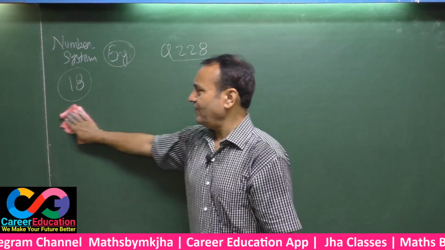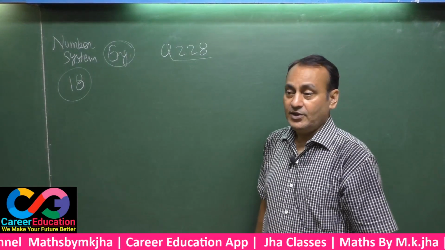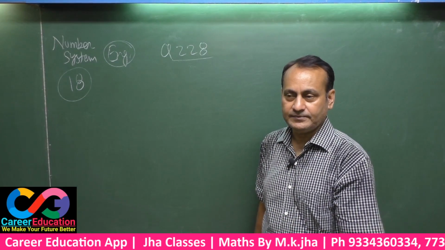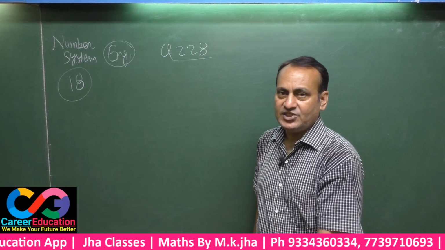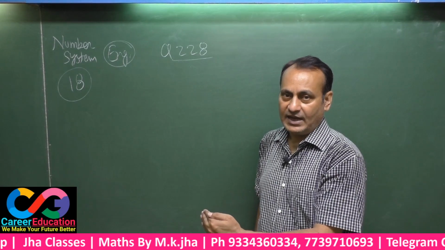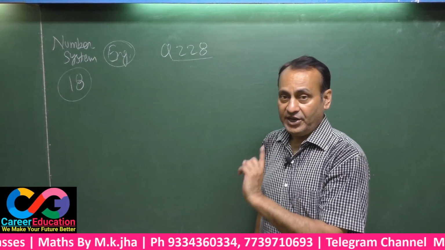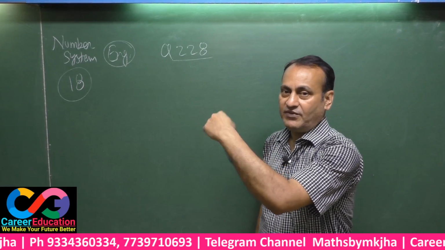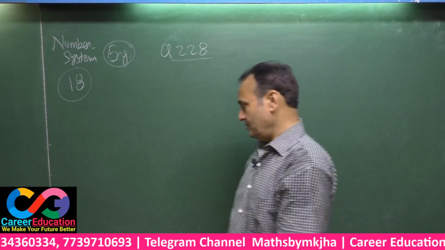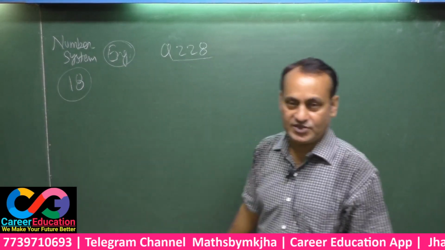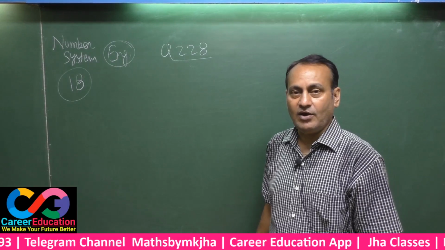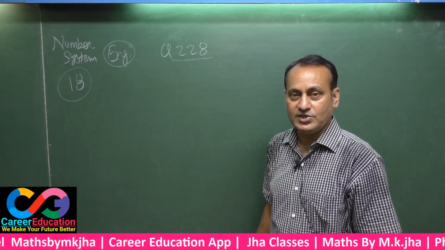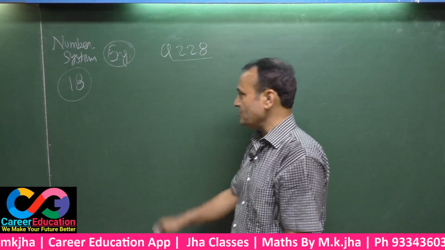Finally, from the last quotient and last remainder, we reach to the first remainder. And that happens the answer of that question in BNS, binary number system.